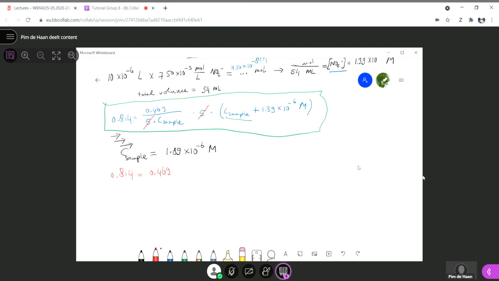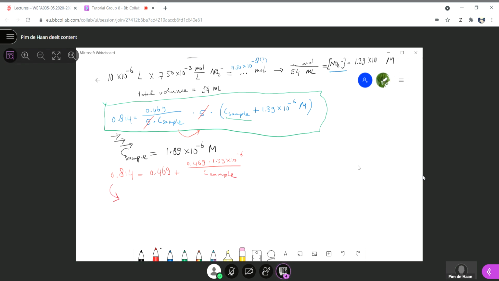And now we're going to put this to the right, plus 0.469 times 1.39 times 10 to the negative 6 divided by C sample.